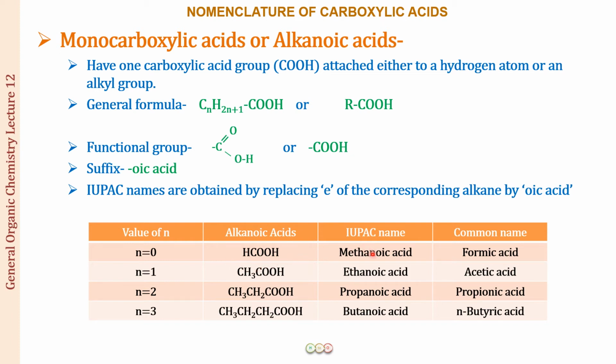So we have methanoic acid, and the common name is formic acid. For n equal to 1, it becomes CH3COOH, the IUPAC name ethanoic acid, common name acetic acid. For n equal to 2, the ethyl group is the R group, so it is CH3CH2COOH, propanoic acid, common name propionic acid. n equal to 3 is CH3CH2CH2COOH, butanoic acid, common name n-butyric acid.